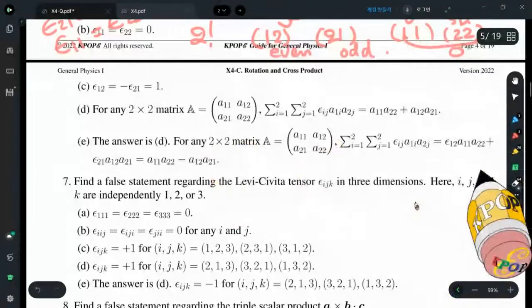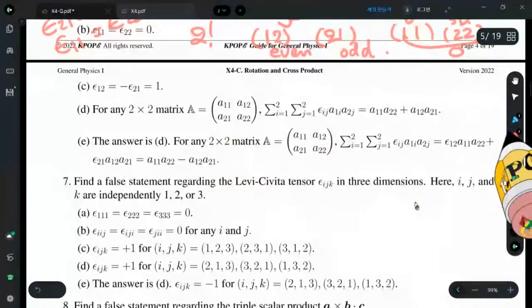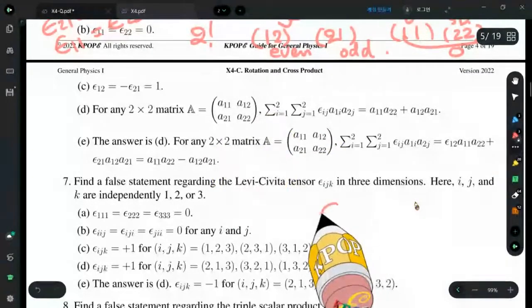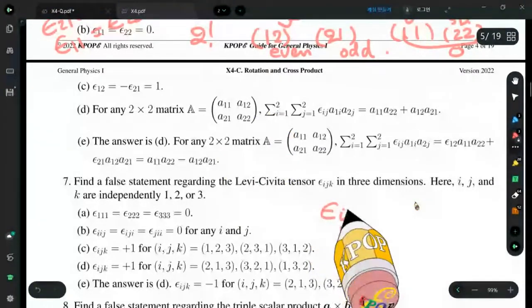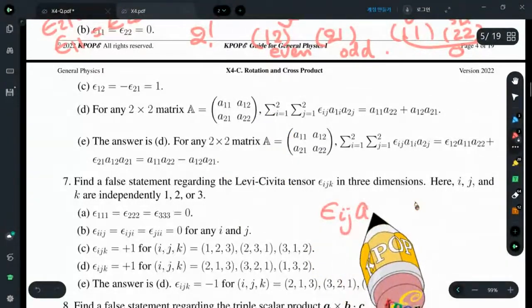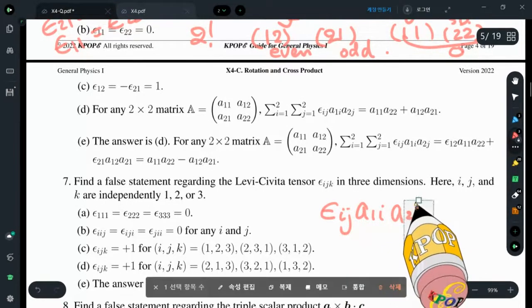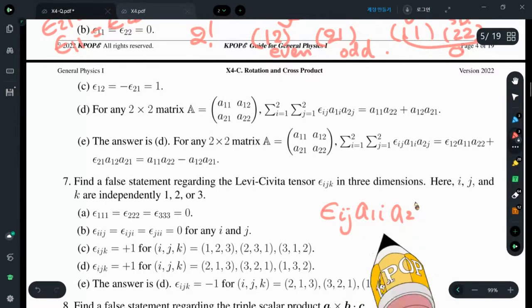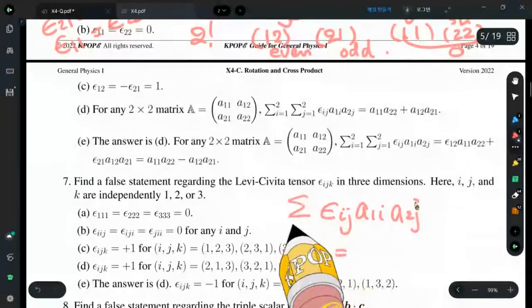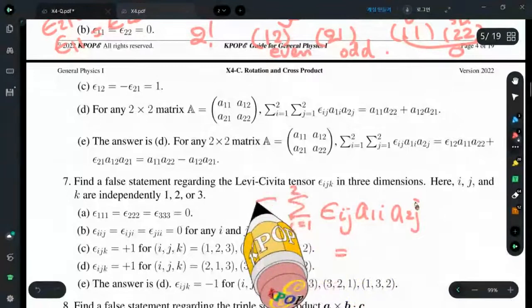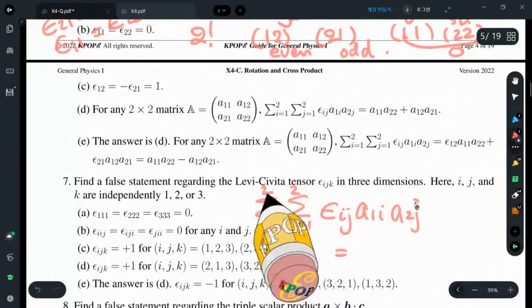Epsilon ij, why don't you compute A_i1 A_j2? Sum over i equals 1 to 2, sum over j equals 1 to 2.